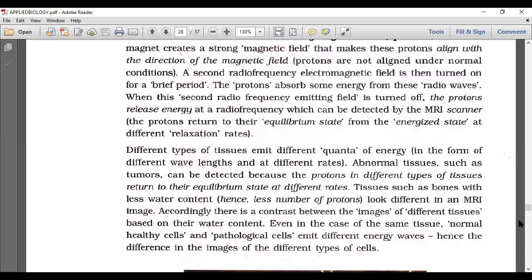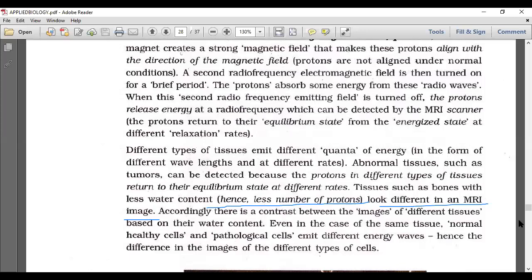Okay, then tissues such as bones with less water content, because water is less in that particular bones, we can say protons are also less. Okay, they look different in MRI image. The bones look different in MRI image. Accordingly, there is a contrast between the images of different tissues based on their water content. That means the tissue is having their own quantity of water, isn't it?